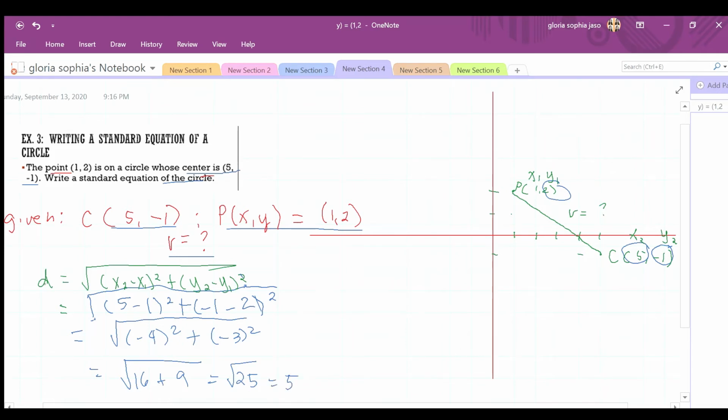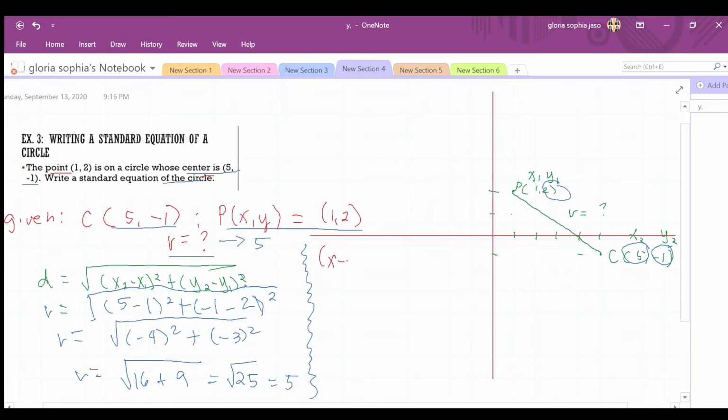Ayan. So, yung d natin in this case, radius yung sinosolve natin. So, r na siya. So, ang radius natin is 5. Now, we can write the equation of the circle. So, ang gagamitin natin, class, is yung second equation natin when center is at h, k.